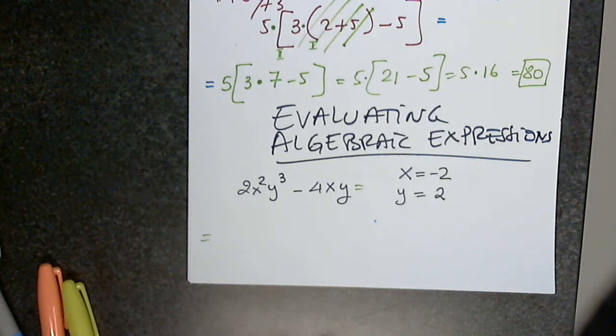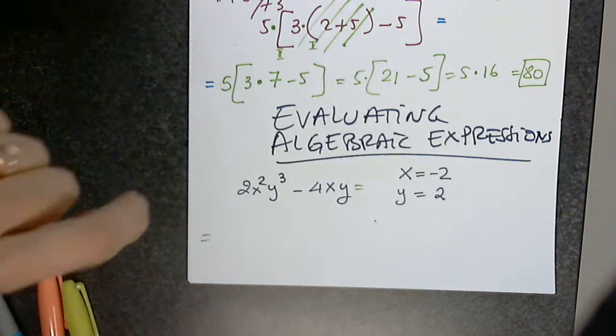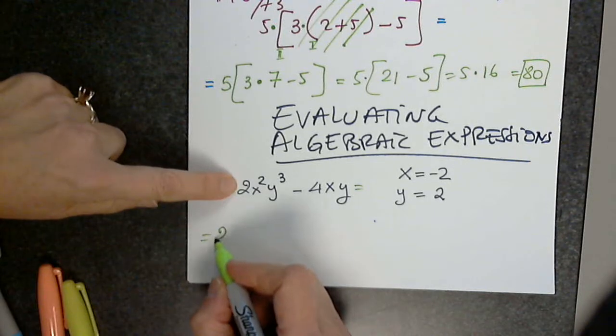Everything has to be in parentheses, especially if it's a negative number. With positive numbers, you can get away without parentheses. And I have to mimic everything I see without dropping any powers, without changing the operation symbols into something else, step by step.